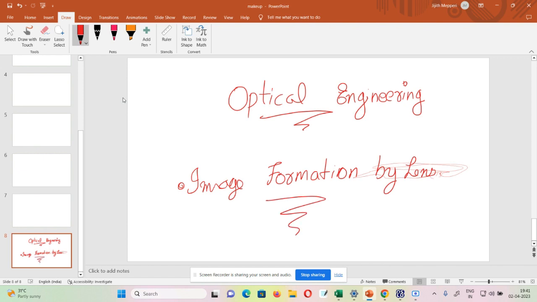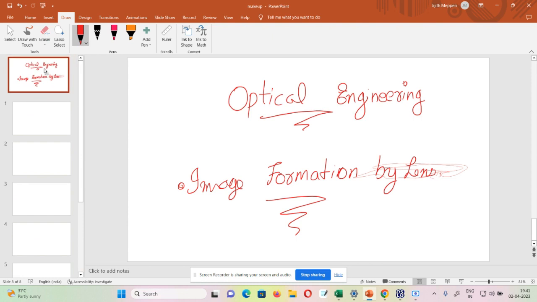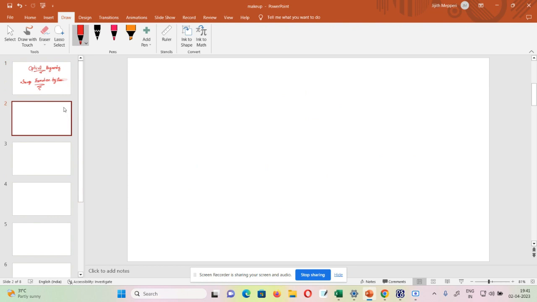Okay, let us start. First we will deal with a thin lens.